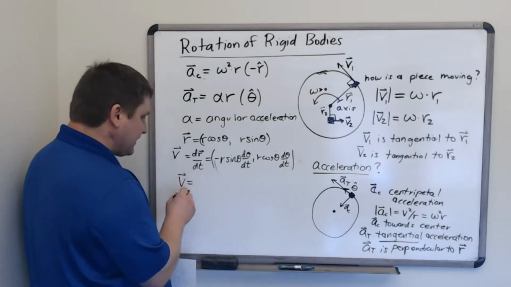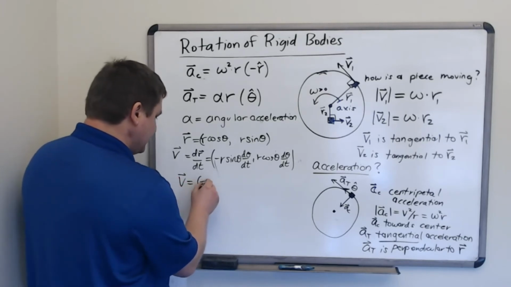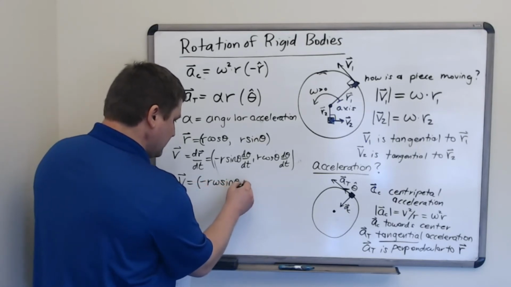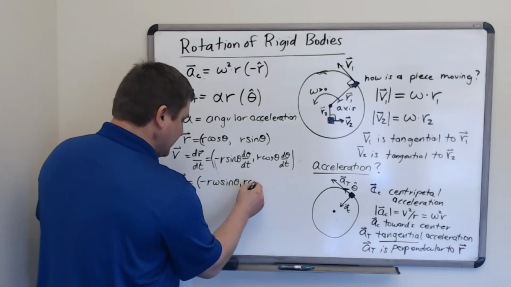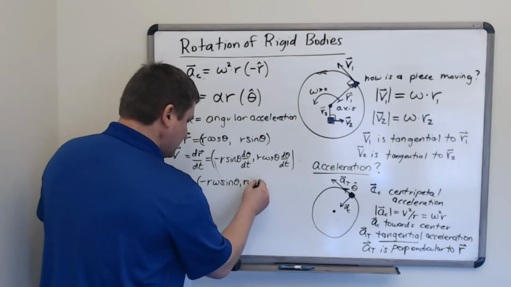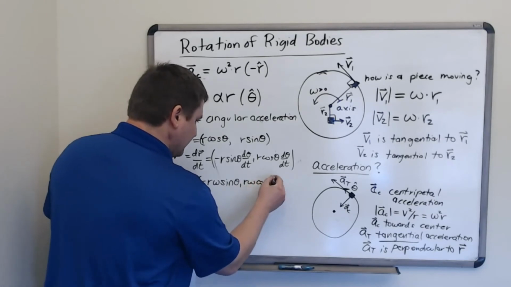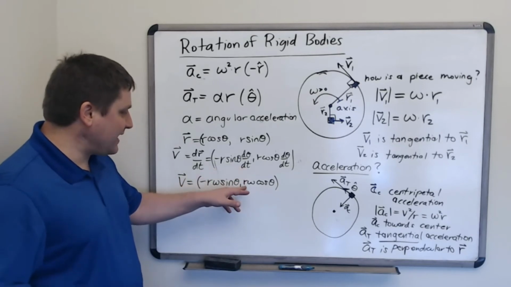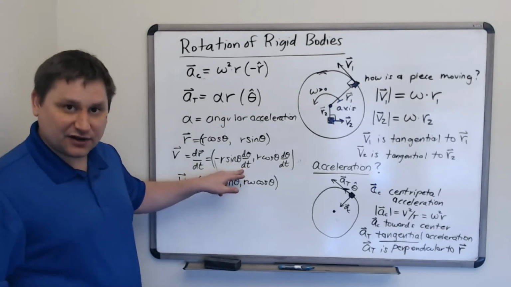So our velocity vector is minus r omega sine theta for x, and r omega cosine theta for y. So we use the definition of angular velocity, omega, being equal to the time rate of change of the angle, theta.